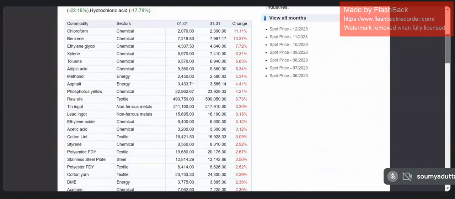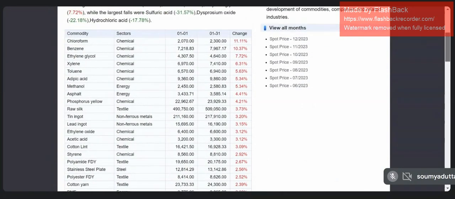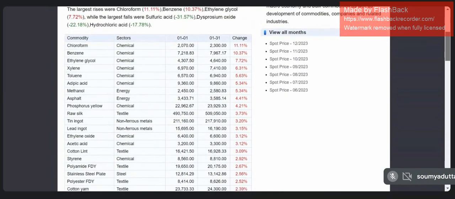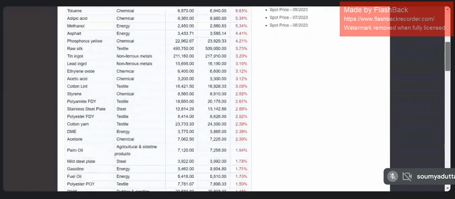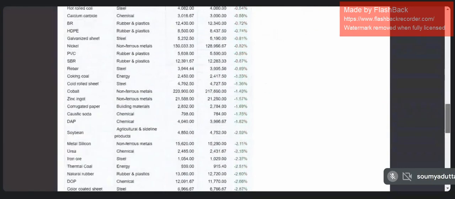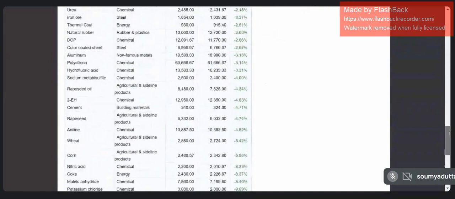You can just search for it. I have also shared a last 5 years Excel of the monthly movement of these commodities, which is also available in the group. You can have a look at that and save it.